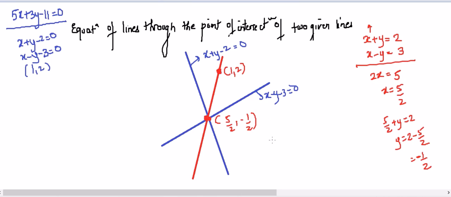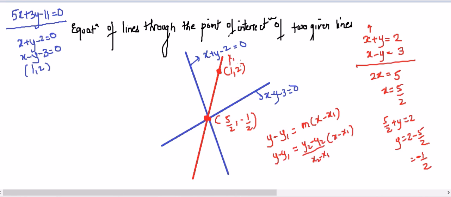You can apply this formula: y minus y1 equals m times x minus x1, where m is the slope, that is change in y over change in x. So y minus y1 equals y2 minus y1 over x2 minus x1, times x minus x1. If I say this is x1 y1, then this will be x2 y2.